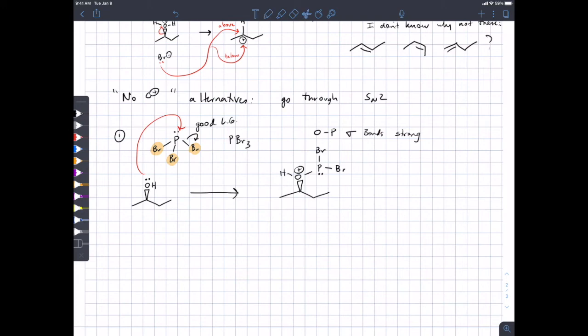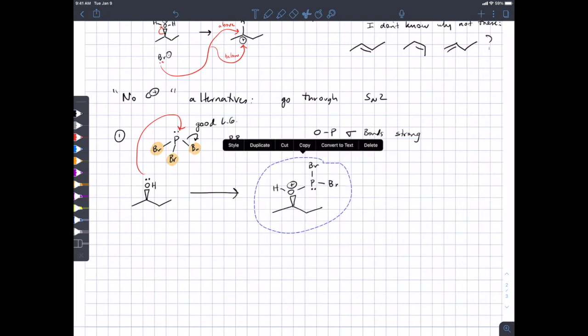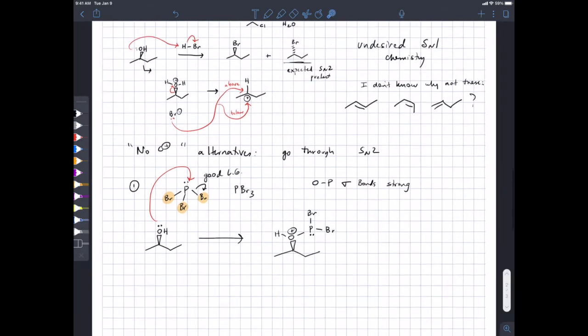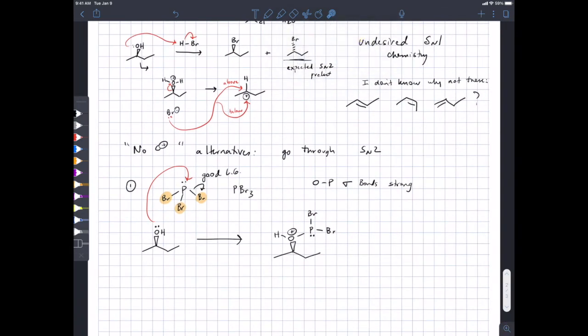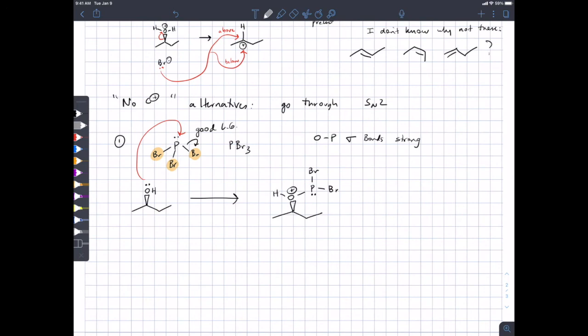And I wouldn't expect you to say, hey, this is a decent leaving group. But it doesn't look that different from the oxonium ion, where the thing here is a proton, only the thing here is the phosphorus.